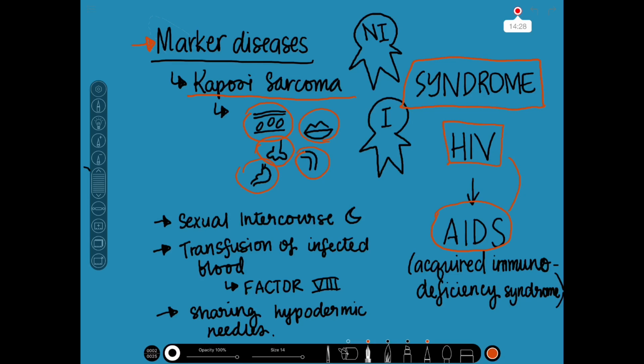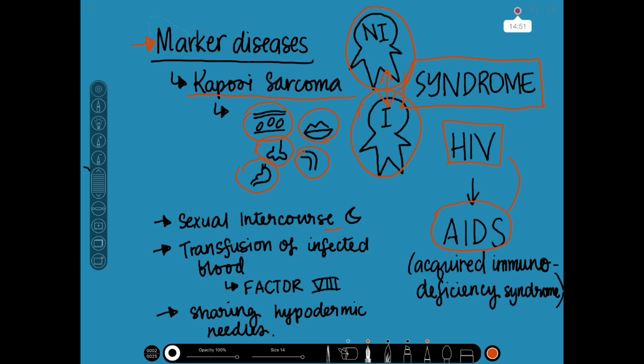The virus only survives outside the body for a short time, and infection normally only occurs if there is blood-to-blood contact between infected and non-infected people. There are various ways in which this can occur.